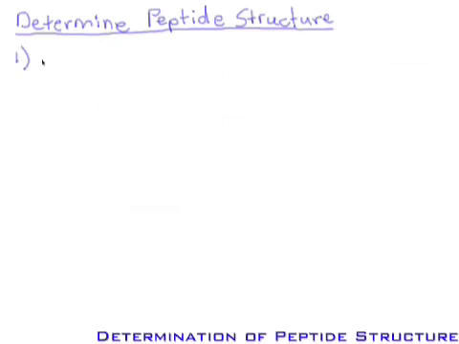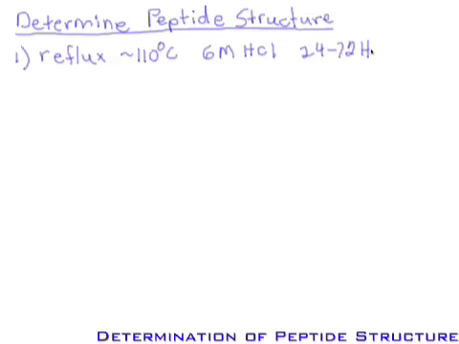We can do this by refluxing. Refluxing simply means boiling a solution. Refluxing at approximately 110 degrees Celsius in 6 molar HCl for about 24 to 72 hours. If you do this, you will actually hydrolyze all of the peptide bonds.